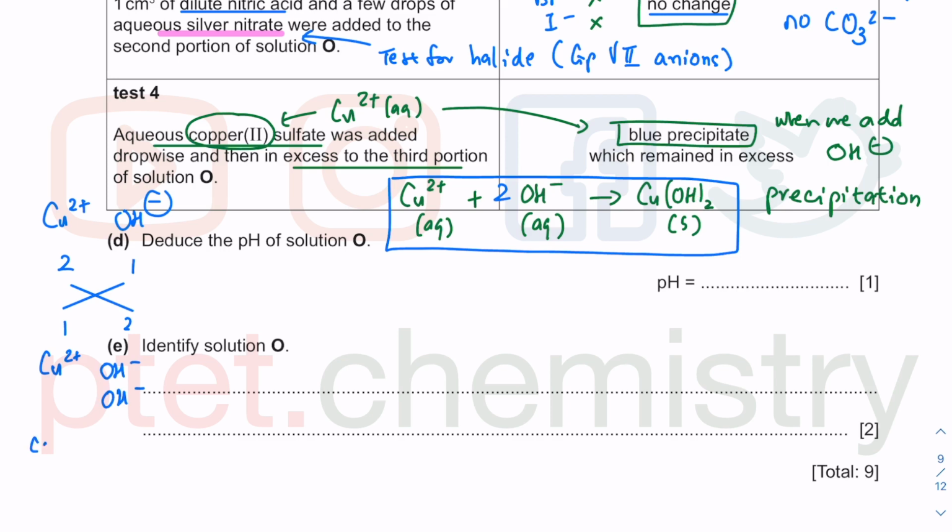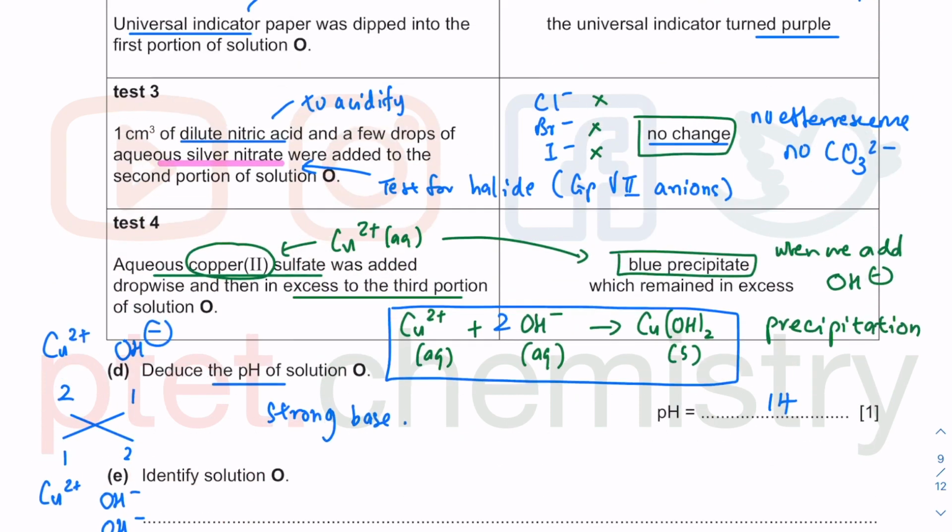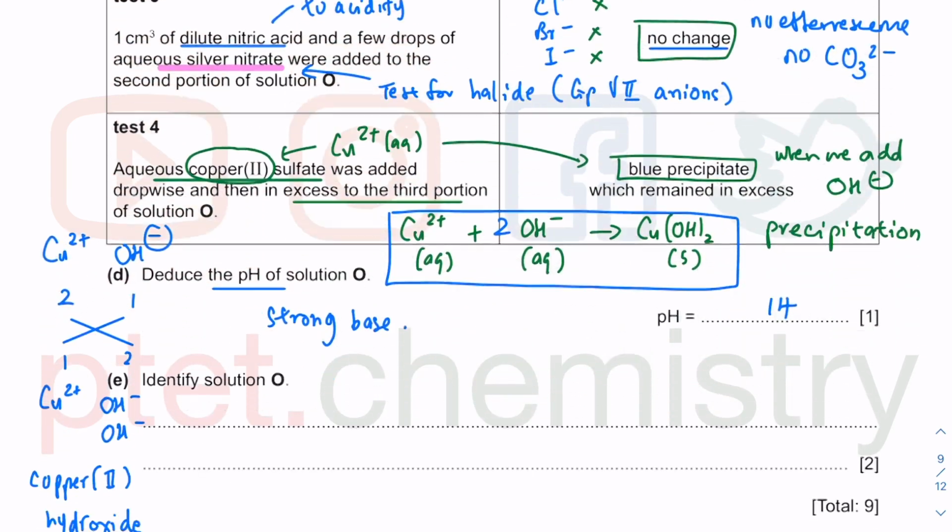The name is going to be called copper 2 hydroxide, as you would have learned in your redox topic. Use Roman numerals, especially to name transition metal compounds. Deduce the pH, so this would be pH 13 or pH 14. That would be an indication for a strong base, for something that will turn purple with a universal indicator.